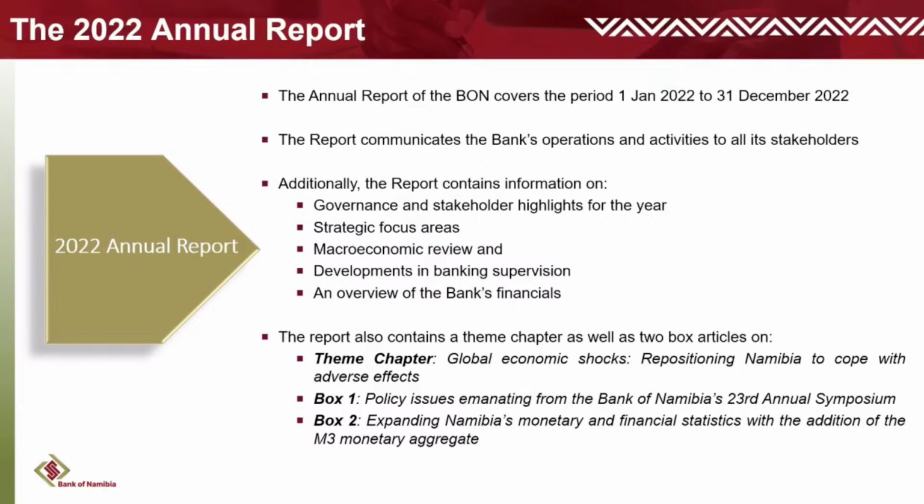We've discovered oil, we are talking about green hydrogen. What is it that we need to get right as a country, so that oil or green hydrogen do not become a curse for this country, but help the country to prosper? We got international experts to come and talk to us, and we had a very successful symposium, and the results and the outcomes are in that box.